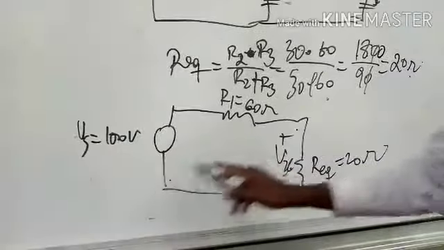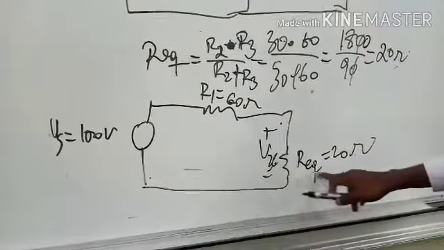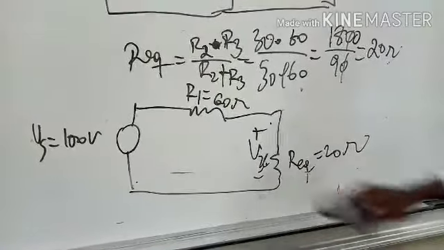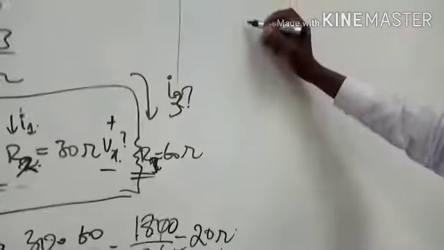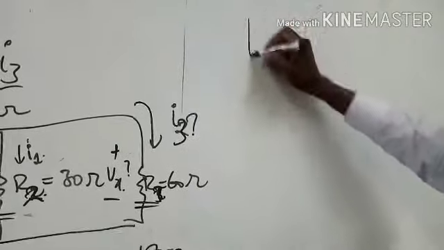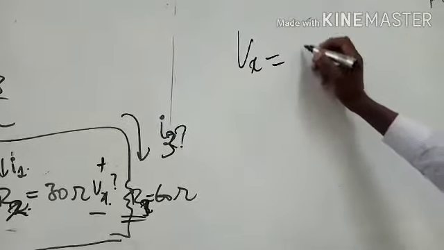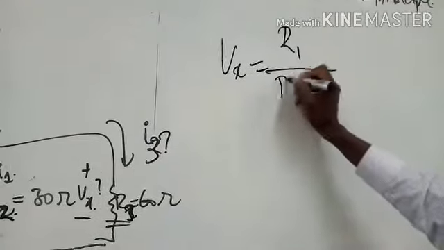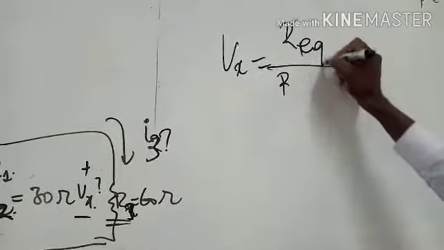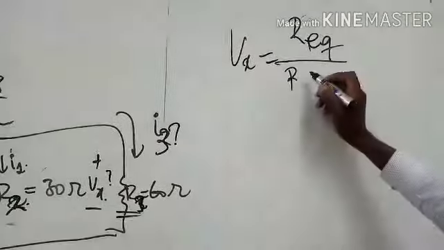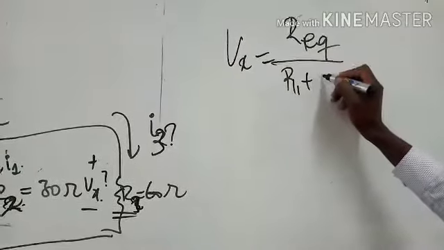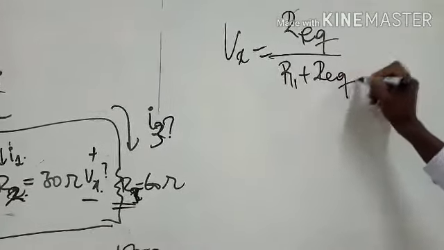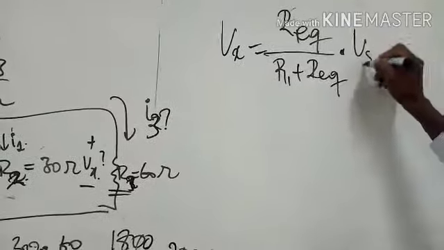Here there is the voltage source, here there is resistance 1, and here we have our equivalent, Vx. So we are asked to find Vx using the voltage divider. Vx will be equal to R equivalent over R1 plus R equivalent times voltage source.